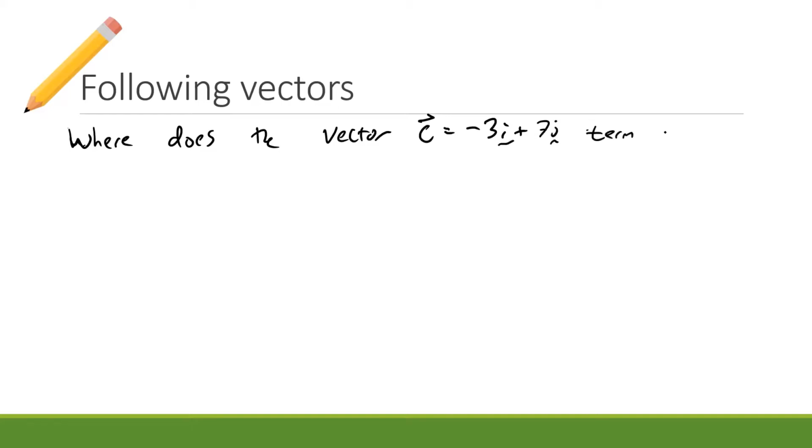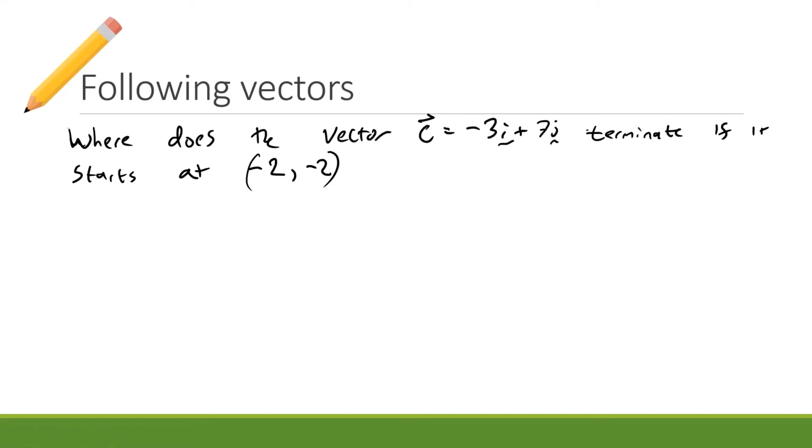Yeah, I like terminate. If it starts at, we'll go with -2, -2. You could say end, where does it finish? But I like this one. We're going to go with this.